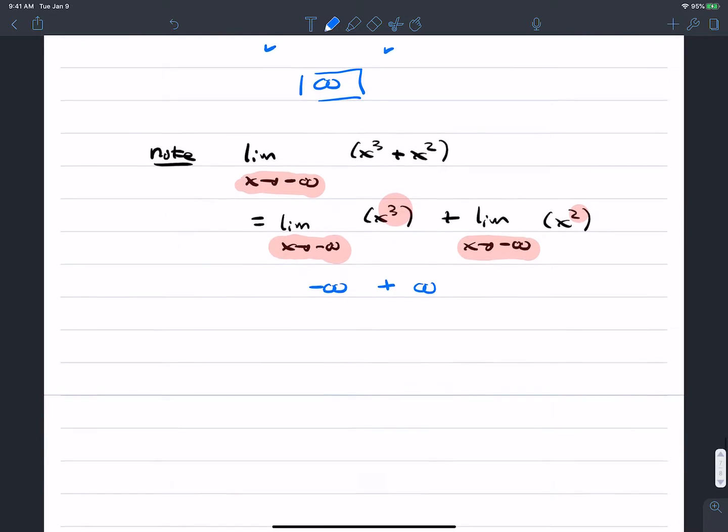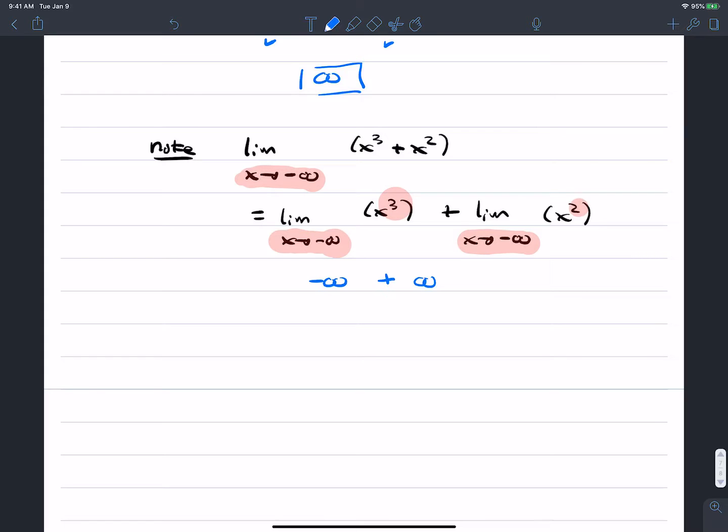Now remember what we said last time. This is going to be an indeterminate form. We cannot determine what that is. It's not finite arithmetic, where you have finite numbers like a negative 5 plus a 5.